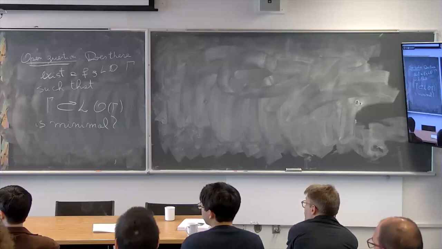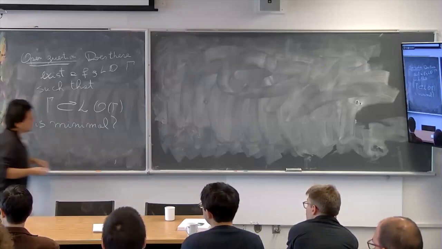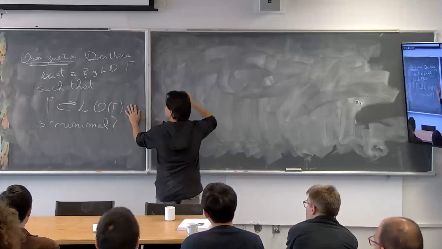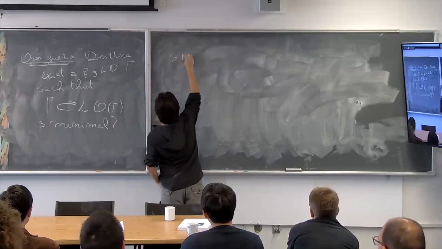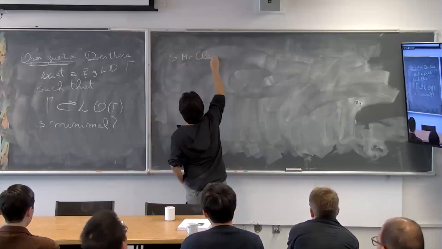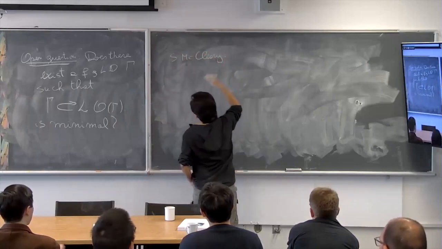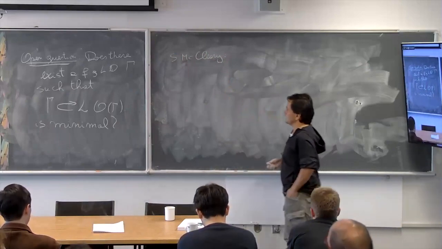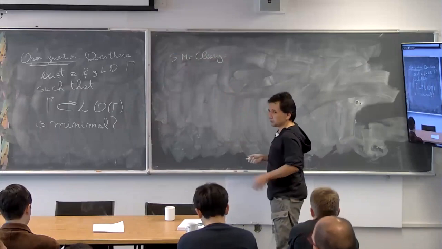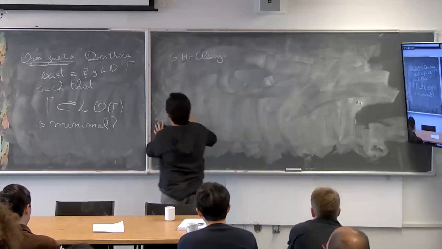In general, it is kind of, but let me give an example of a very nice result. Again, this is by Stephen McCleary in the 70s. It is not stated like this because at that time the methods were very combinatorial, but this is the way I like to see it.